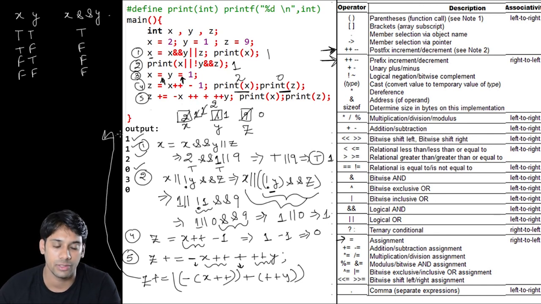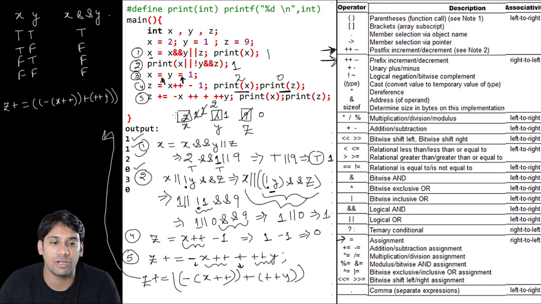Now I am just writing it here because I have less space. So the equation is z += -x+++ ++y. We have this equation. Now what is the value of x? The value of x is 2. I will just write it here also.